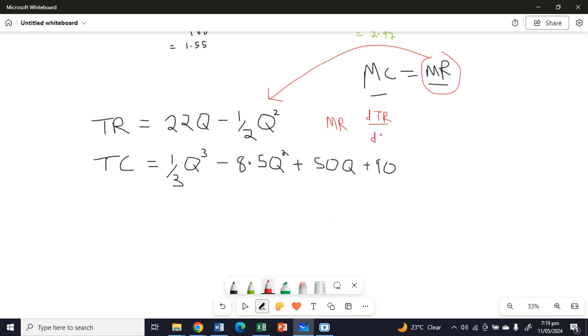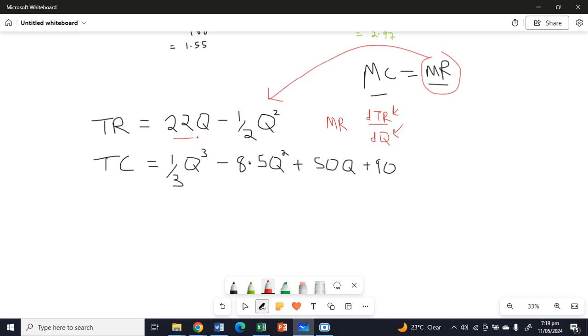What this is telling us is we are finding the rate of change of total revenue with respect to q. So the variable in this case is q. We're going to use differentiation to get our marginal revenue.